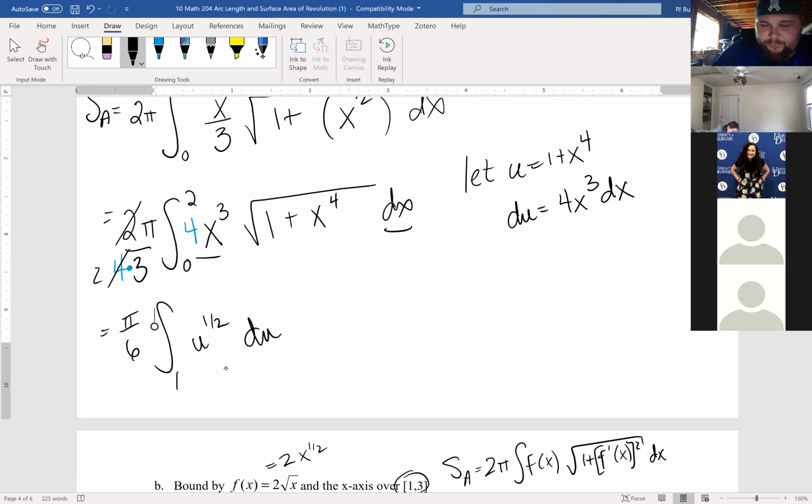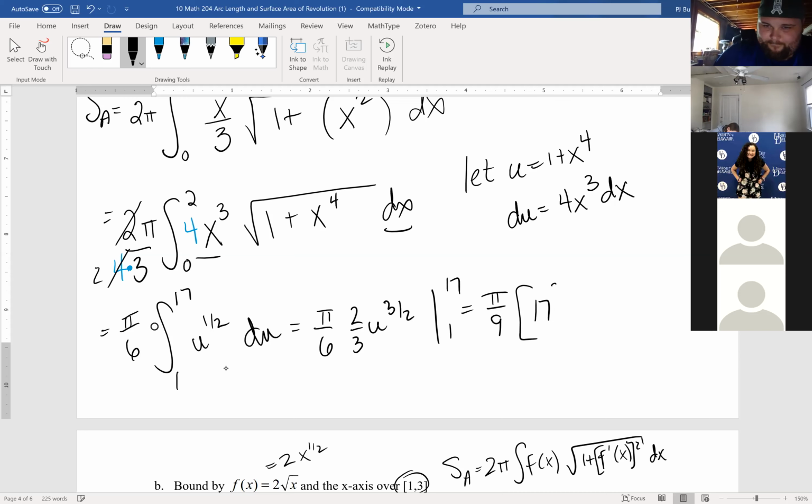If x is 2, u is 17. And it's the same integral as last time, right? 2/3 u to the 3/2. Except this time it's not going to simplify very nicely.